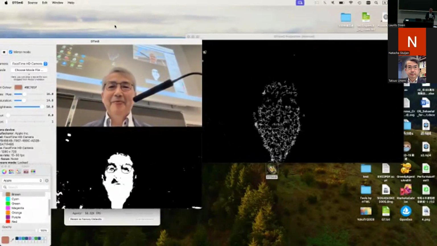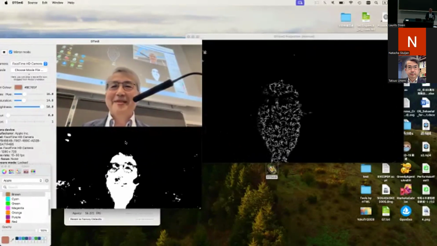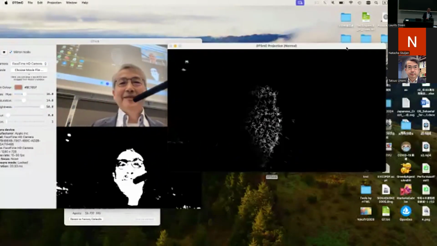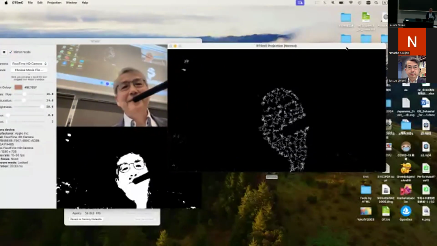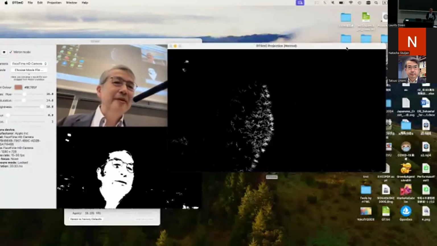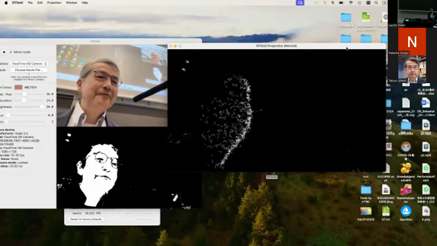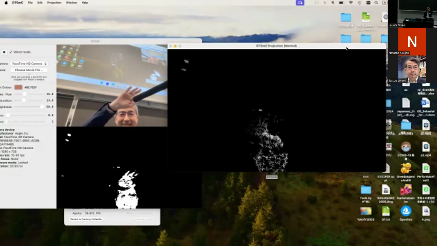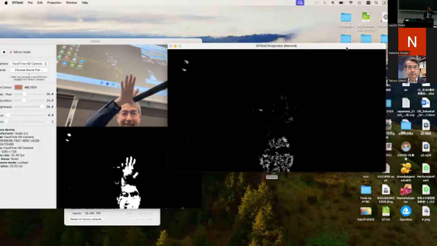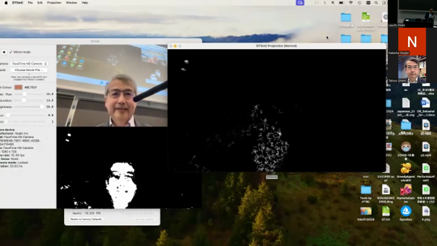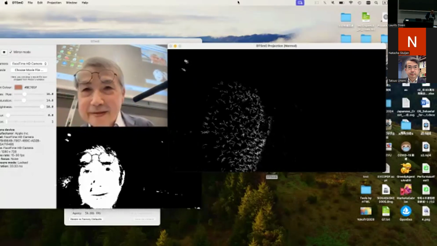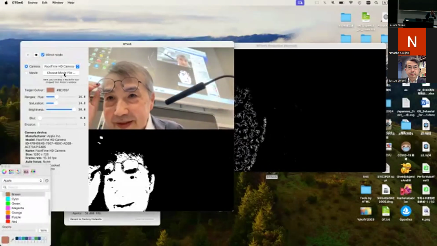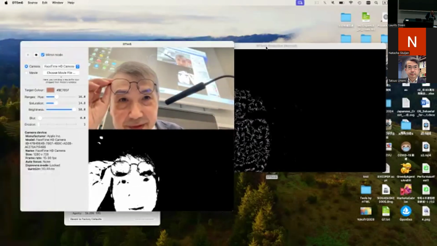Here is my face extracted by the image processing, and this is the swarm simulator. Here you can see the swarm chasing my face somehow. Something like this.